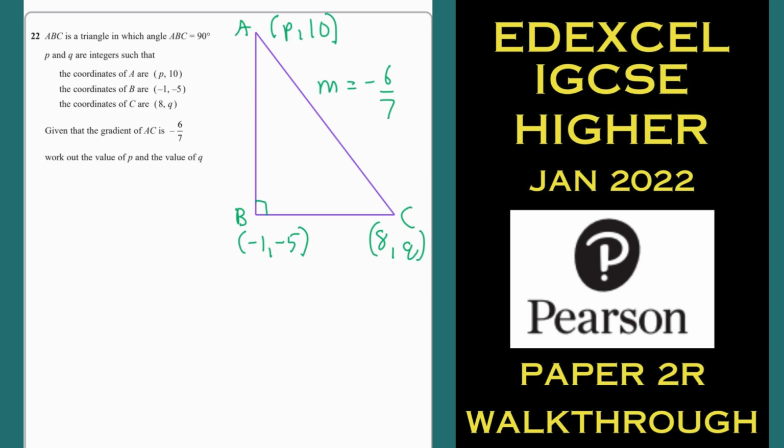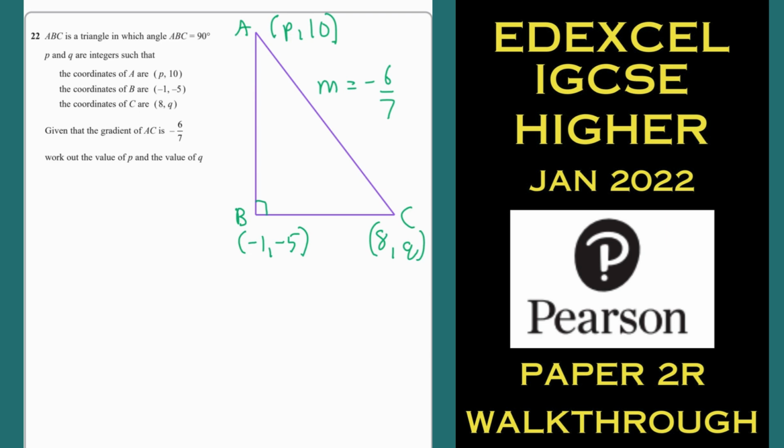Now, ultimately, folks, you've got a P, you've got a Q. That's two unknowns. You have equations that you can come up with. Now, this question can be done using Pythagoras, but I've opted for the coordinates and gradients method.